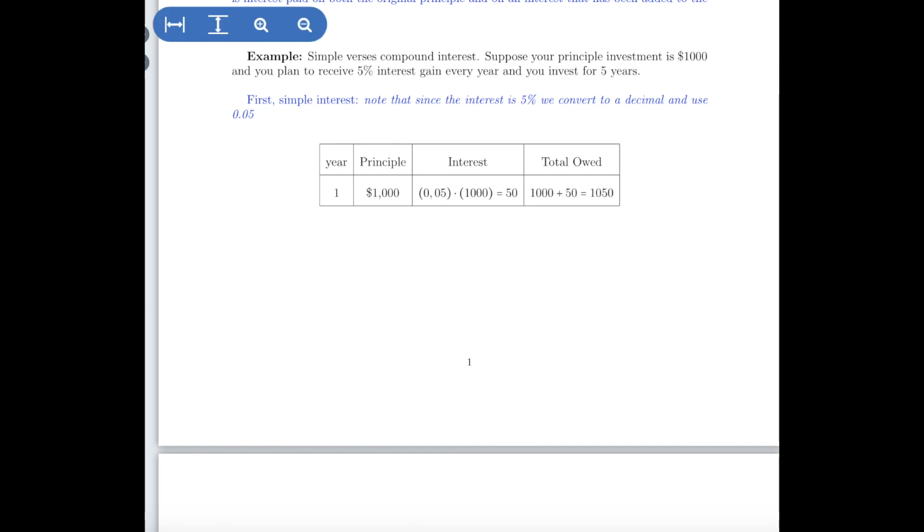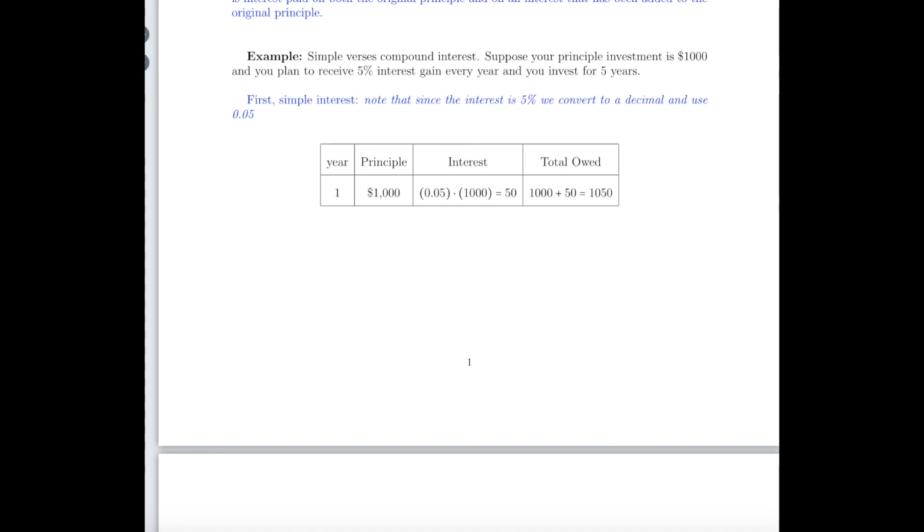So that brings us to $1,000 times 0.05, and on your calculator is $50. So our total owed, we have to add the interest on top of the principal, so that gives us 1,000 plus 50 equals 1,050. So after 1 year with our principal investment at $1,000, our total owed is going to be $1,000 plus the $50 of interest, which is $1,050.